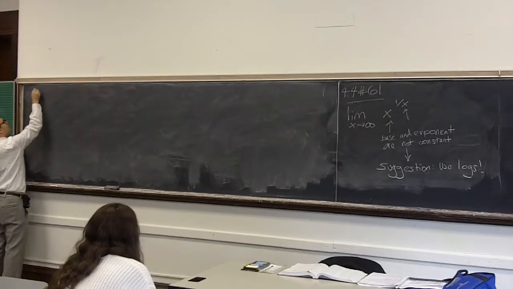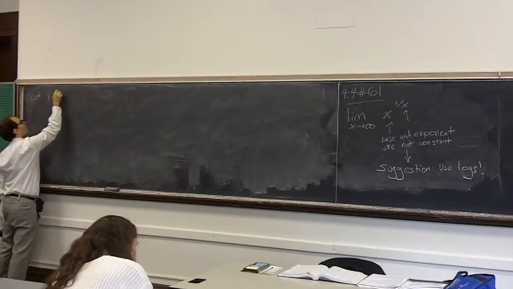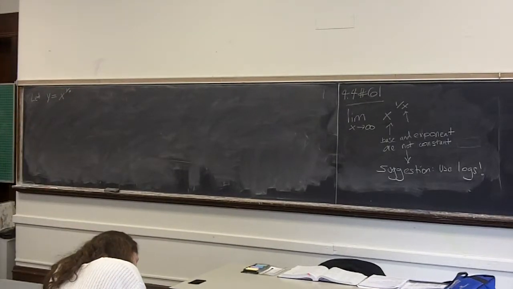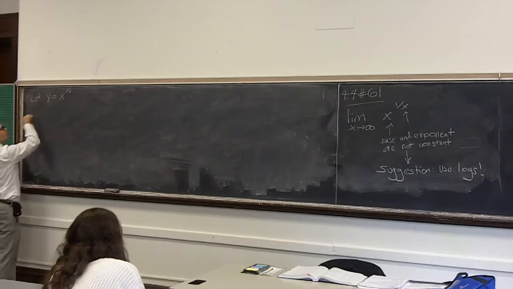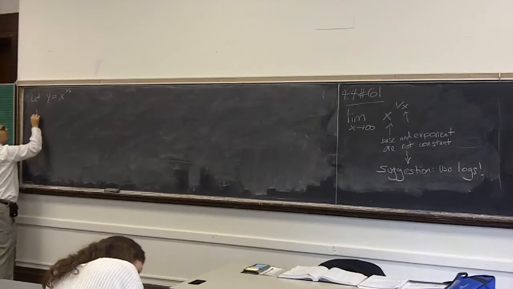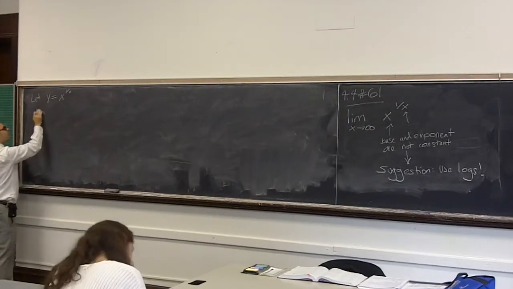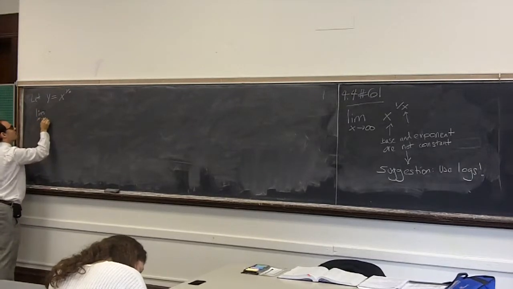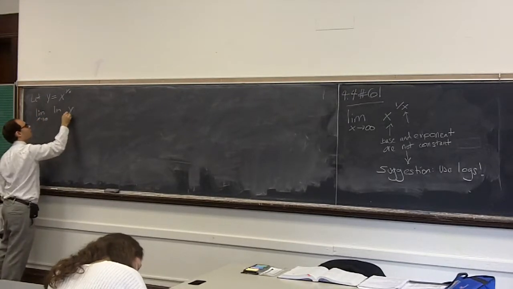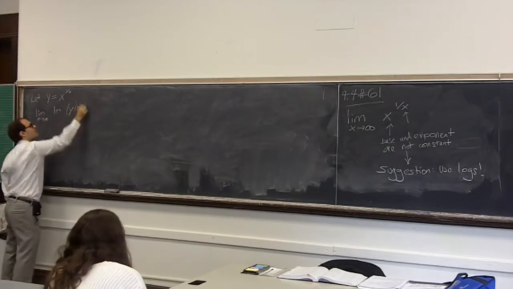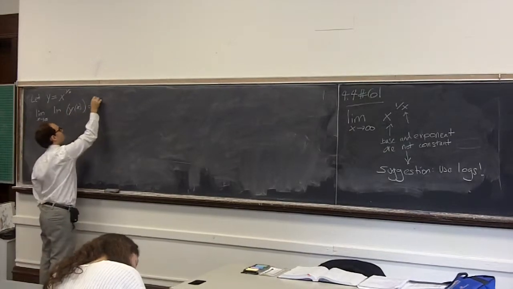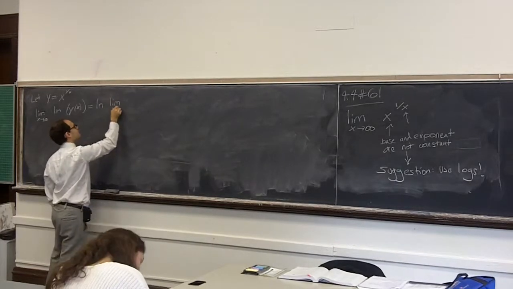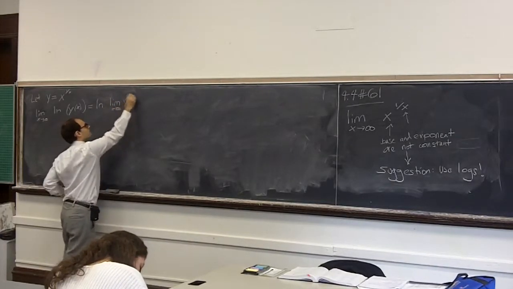So let's let y be this. So we're going to make the observation that the limit as x goes to infinity of natural log of y of x, that's the same thing as the natural log of the limit of y of x.